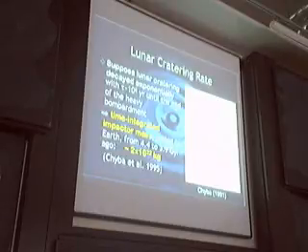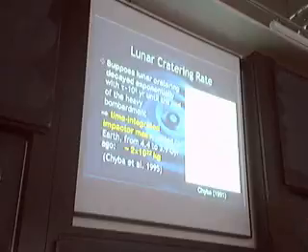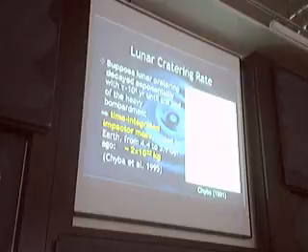And then you look at the lunar cratering rate. The diagram here shows the cumulative crater density on the lunar surface as a function of the age of the surface. So different surface elements on the moon have been dated from the Apollo samples. And if you count craters on different parts of the moon where the surface is made up of material that you have dated from somewhere, then you can plot the crater densities versus the ages.